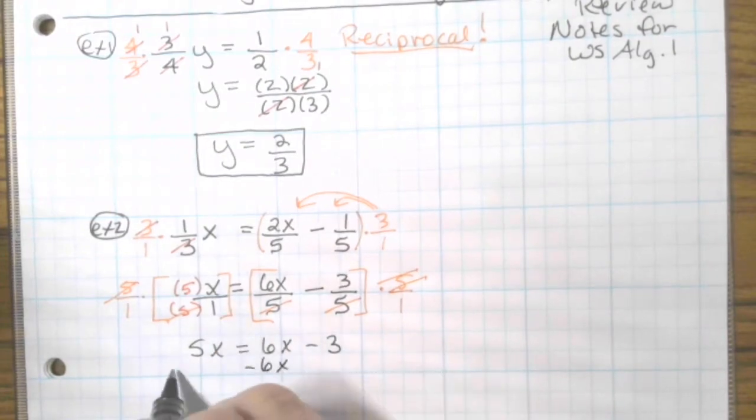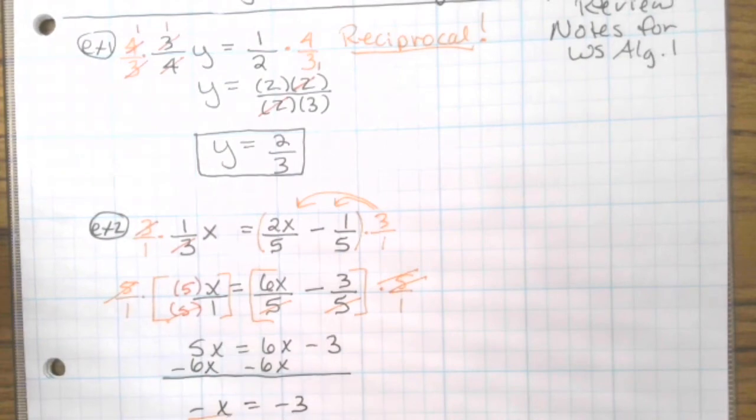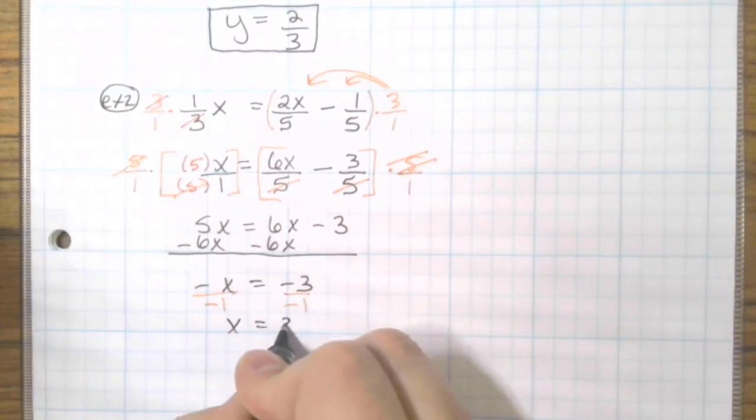Subtract 6x from both sides. You get negative x equals negative 3. And of course, you multiply or divide both sides by a negative 1, doing the same to both sides, and you get x equals positive 3.